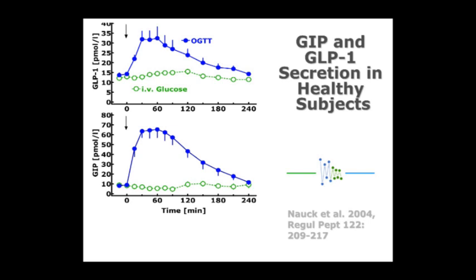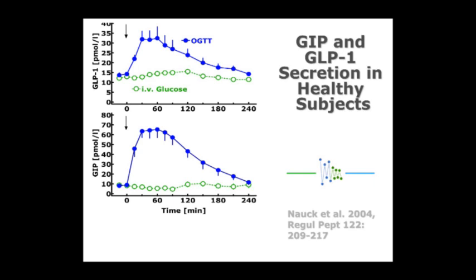GIP, originally named gastric inhibitory polypeptide because it was discovered as something inhibiting gastric acid secretion, which probably is not an important physiological function, but you can now reinterpret GIP as glucose-dependent insulinotropic peptide, so you keep the abbreviation GIP. And the other one is GLP-1, glucagon-like peptide, which does not behave like glucagon at all, but it is similar in molecular terms, hence the name.